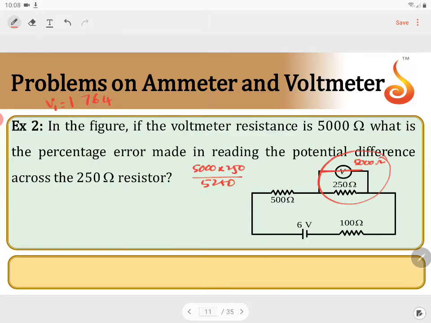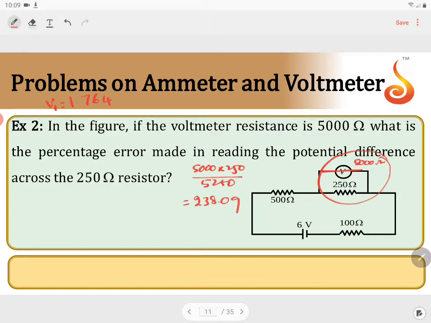Now 5000 and 250 are in parallel, so the effective resistance will be equal to 238.09.